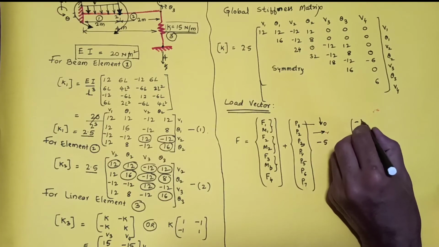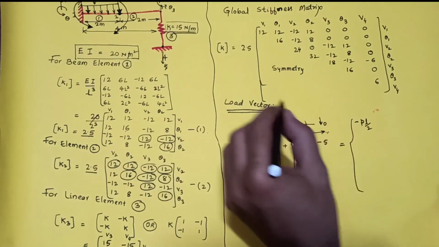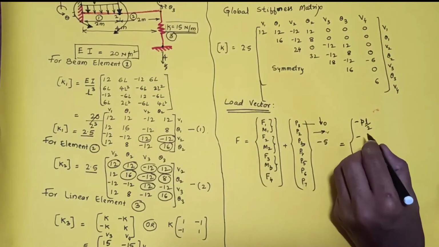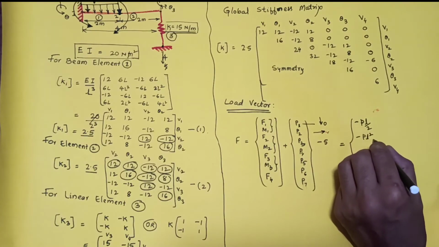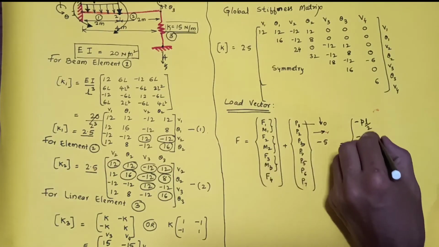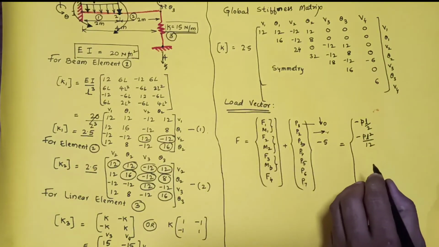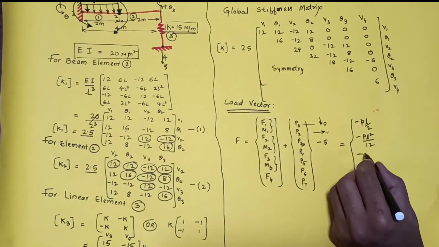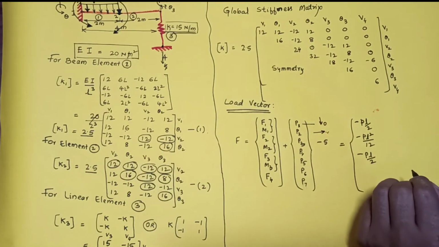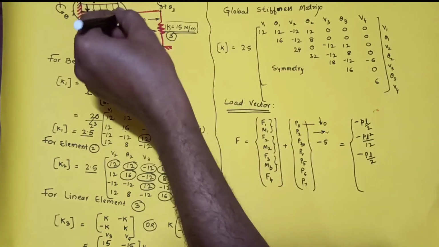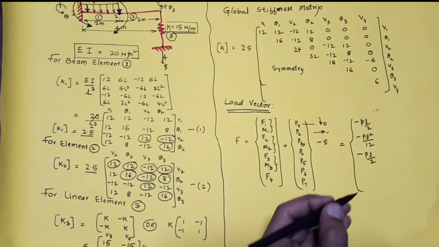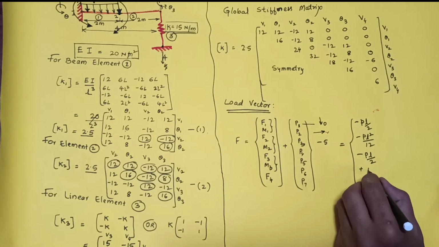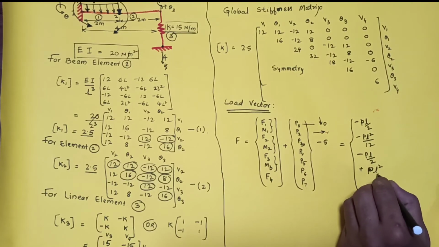The force will be taken as PL by 2, and the bending moment at node 1 will be minus PL square by 12. At node 2 the force is the same downward force, so it will be minus PL by 2. Now the bending moment is acting in the different direction, clockwise, so it will be taken as plus PL square by 12.